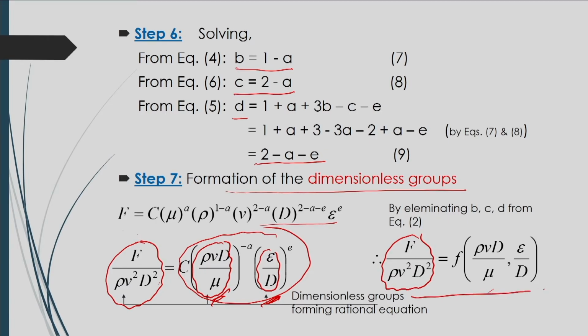Now, this is called one equation or functionality expressed in terms of dimensionless groups. This is called a rational equation, where there will be no dimensions on either side of the equation, and all the variables taking part in the equation and their effect on the dependent variable will be assessed by this equation.